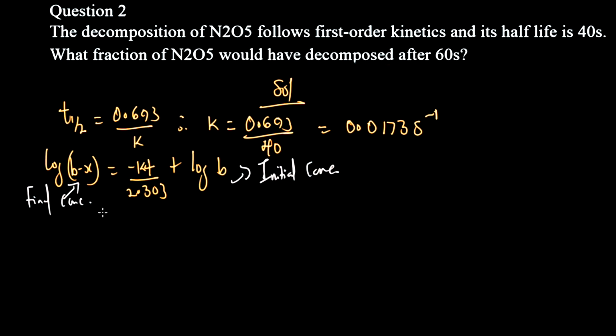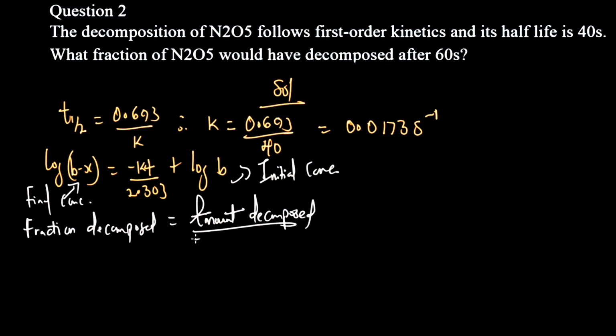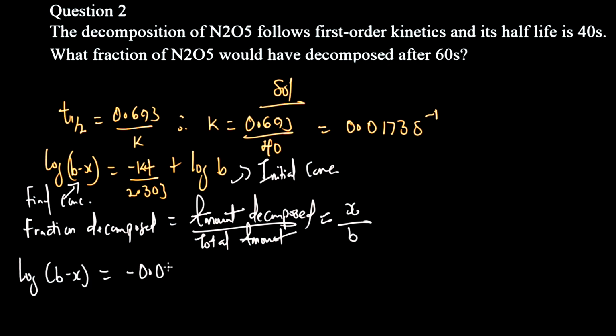After 60 seconds, the fraction decomposed equals the amount decomposed over the total amount, which is the same thing as X over B. So we can express the equation as log B minus X equals negative 0.0173 times 60 seconds over 2.303 plus log B.